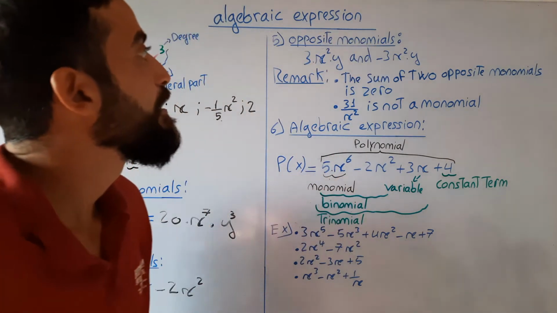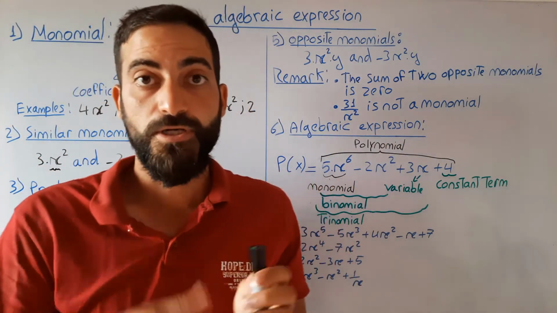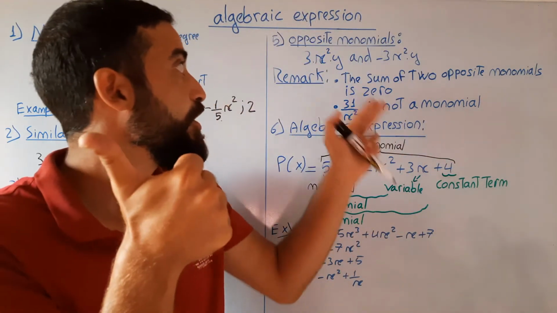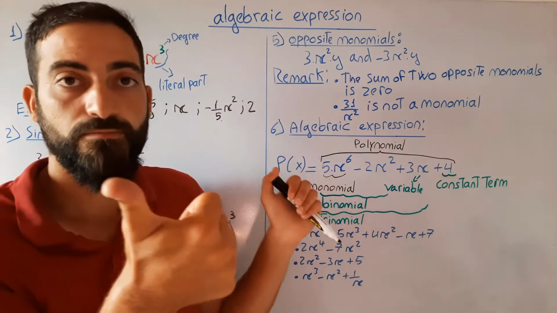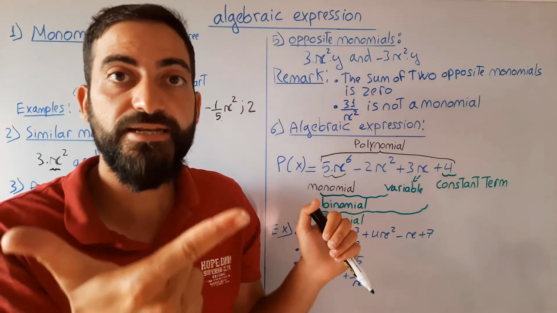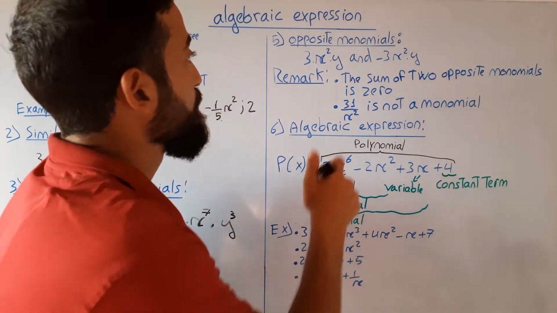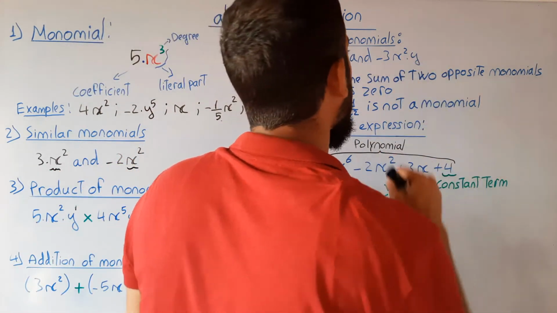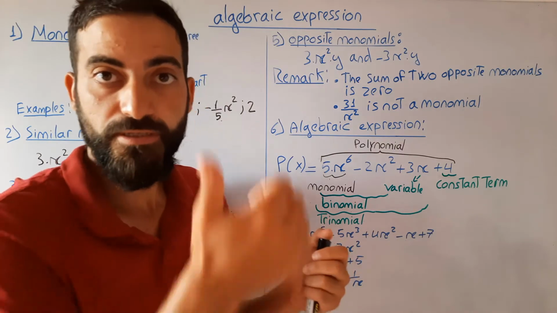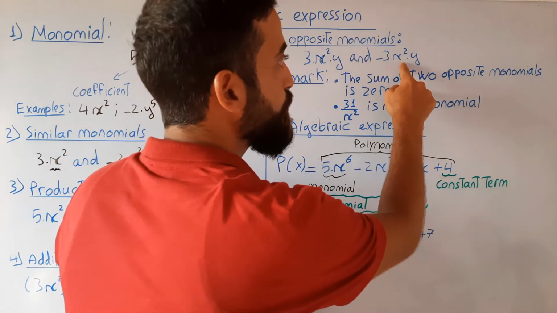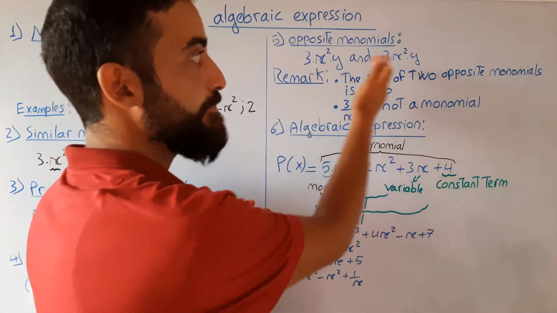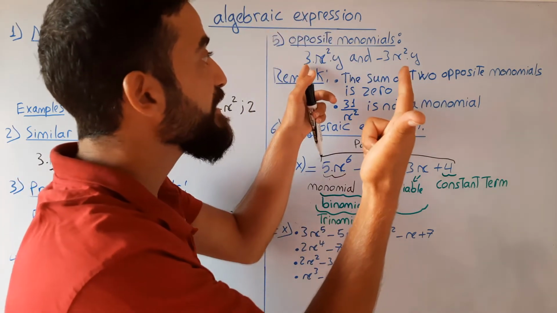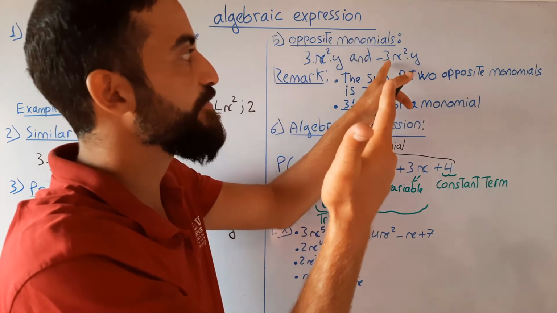Opposite monomials. Opposite monomials are similar monomials with opposite coefficients. For example, 3x²y and minus 3x²y are similar monomials because they have the same literal part, x²y, and the coefficients are opposite: 3 and minus 3.